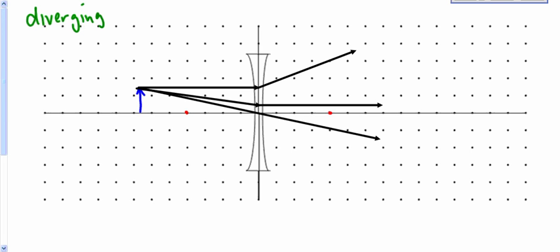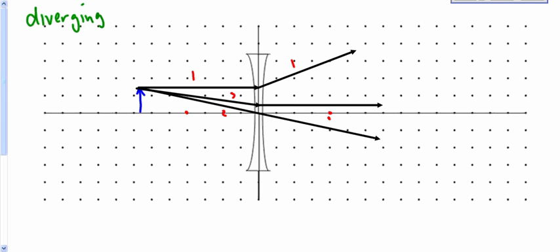So those are my 3 rays. I followed the rules. Rule 1, parallel ray through the lens diverges so that it traces backwards. Ray 2, straight through the lens without doing anything, easy. And then ray 3, through the focal point, but I'm aiming for the other focal point over here.